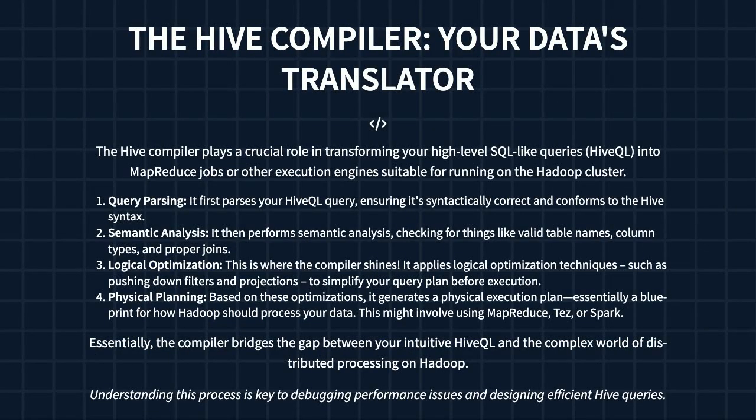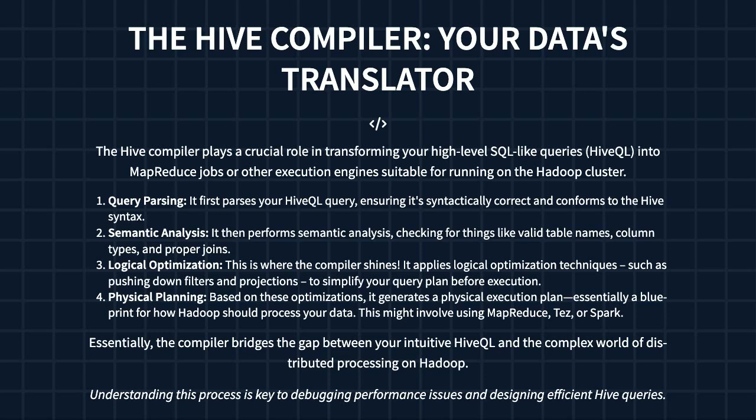Okay, let's talk about the Hive compiler. It's honestly one of the most important parts of how Hive works. Think of it as your data's translator. When you write a query in HiveQL, which looks very similar to standard SQL, it doesn't directly tell Hadoop what to do. The compiler takes that high-level query and breaks it down into smaller steps.